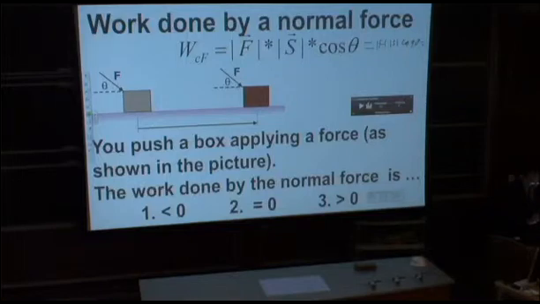And cosine of 90 is 0. And it doesn't matter what displacement is equal to, what force is, it's still going to be equal to 0. When you're multiplying by 0, the result is always 0. 0 what? Joules, that's work. So this is how it works. See? This is how work works.